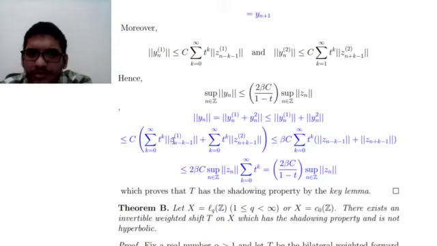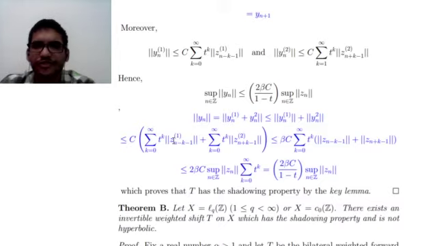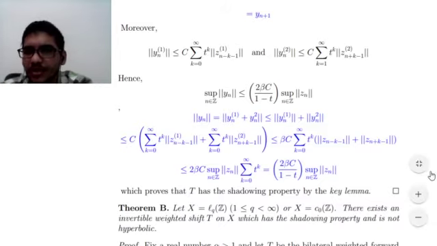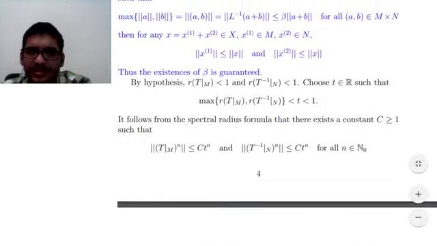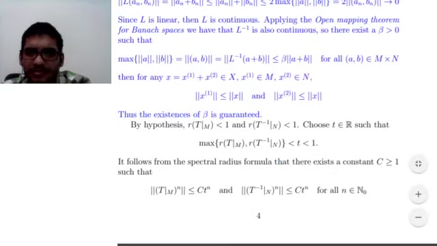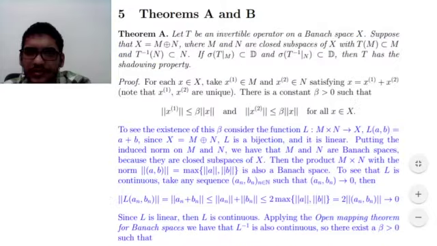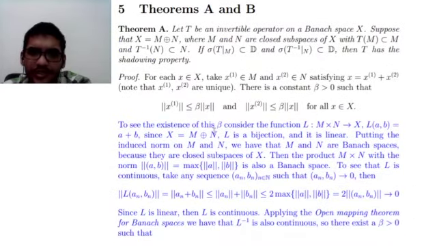Remember, in this inequality you can control the first part with a beta and the second part with a beta 2.